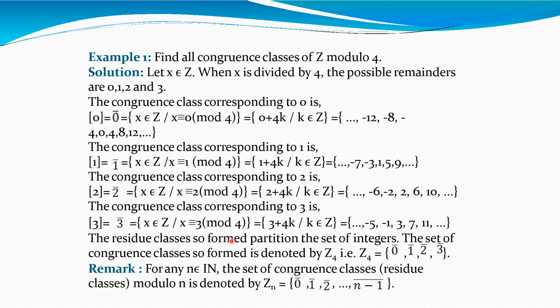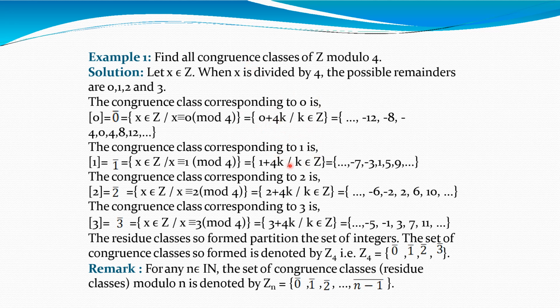So the residue classes so formed partition the set of integers. See, if you consider the union of the congruence class of 0 with the congruence classes corresponding to 1, 2 and 3, then the union of these four sets is equal to the entire set Z. All these four sets are non-empty.